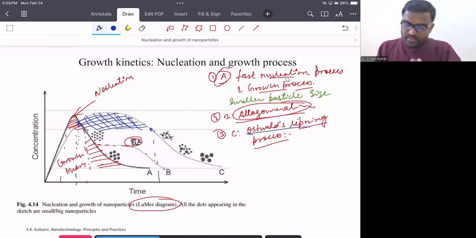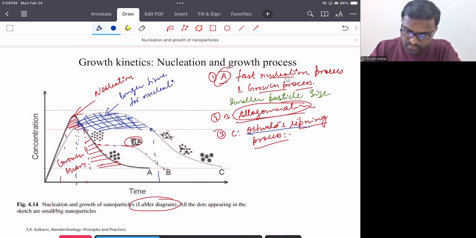So here the nucleation process needs a very long time. If we have a longer time for the nucleation process, what happens? In that case, first you have a smaller particle, and then you get smaller particles and bigger particles.